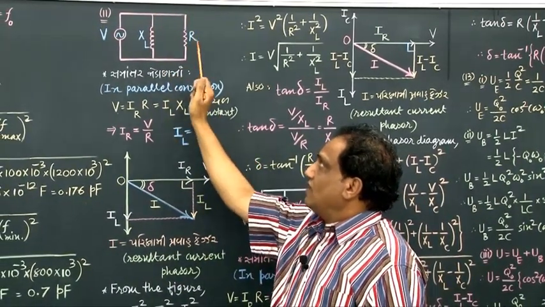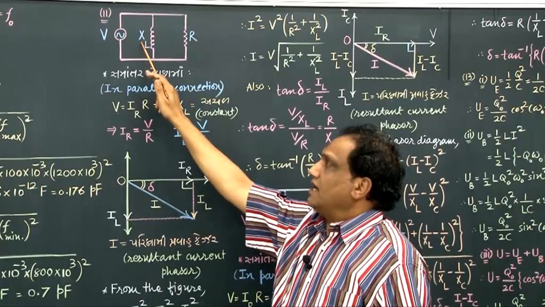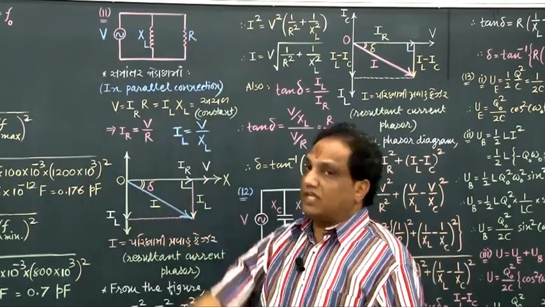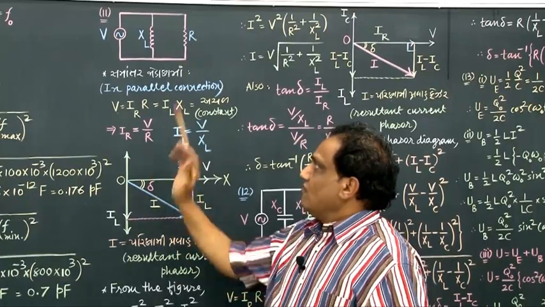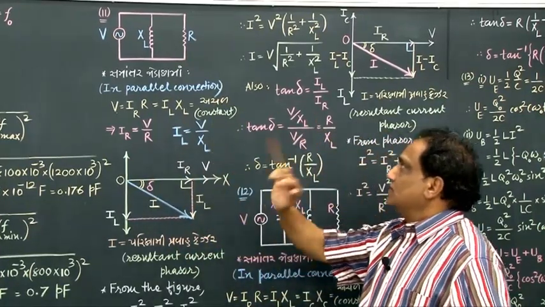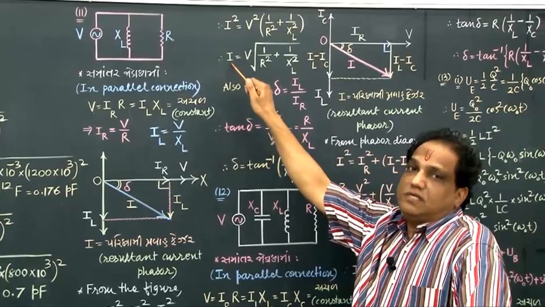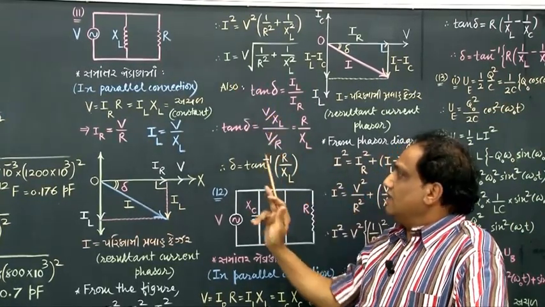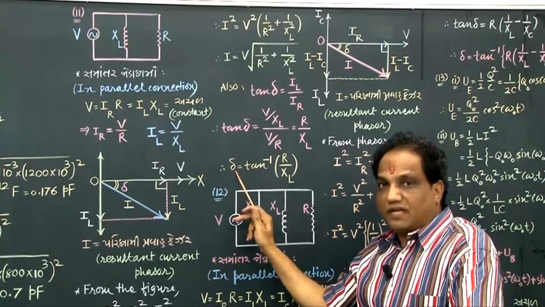A parallel combination of resistance and inductive reactance connected across some alternating voltage source. We are asked to find out two values. One is the RMS value of current passing through the circuit and another is the phase difference between voltage and current.